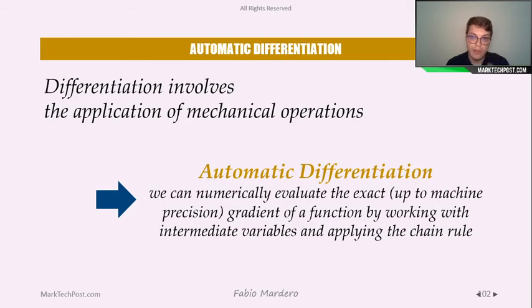So if we have complex functions, we can work with intermediate variables and apply the chain rule to wrap it up altogether.